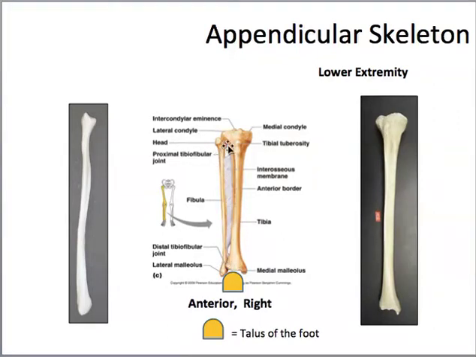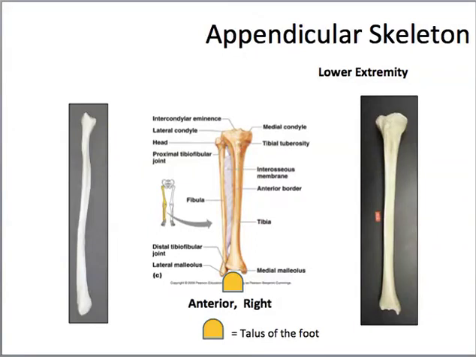And the proximal head has a fundamentally different shape than the distal head of the fibula. It doesn't have this lateral malleolus that projects inferiorly and posteriorly. Instead, it has a little indentation that allows it to articulate with the tibia, which will be its medial neighbor.